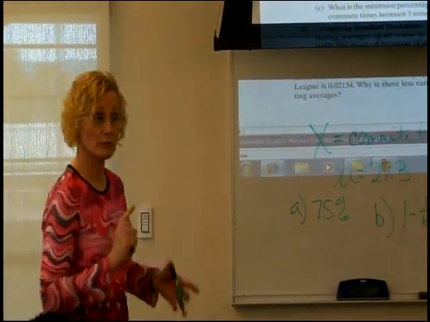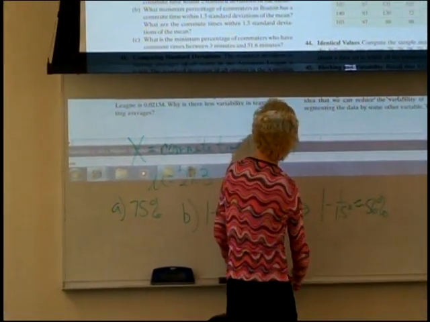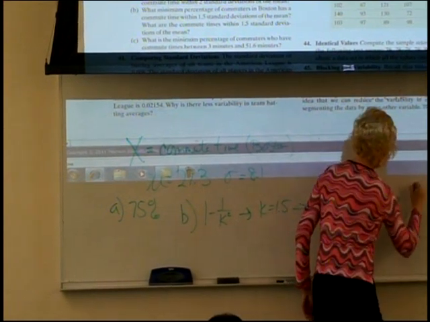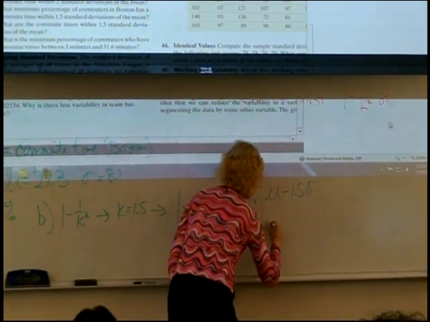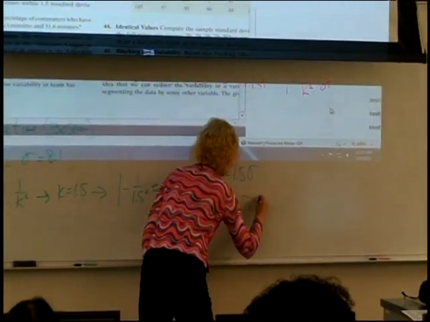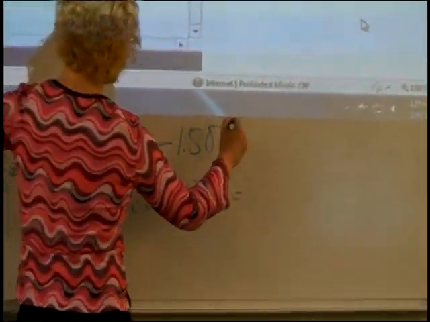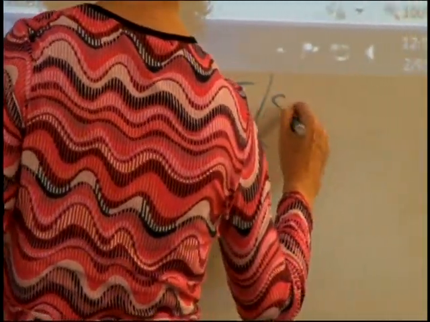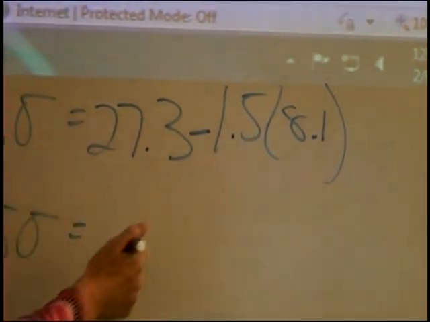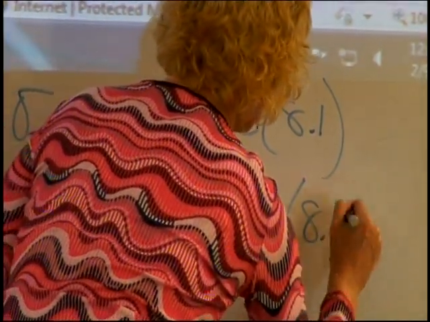What are those commute times? You're going to take the mean and subtract 1.5 standard deviations. You're going to take the mean and add 1.5 standard deviations. So we've got 27.3 minus 1.5 times 8.1, the mean minus 1.5 standard deviations, and then the mean plus 1.5 standard deviations.